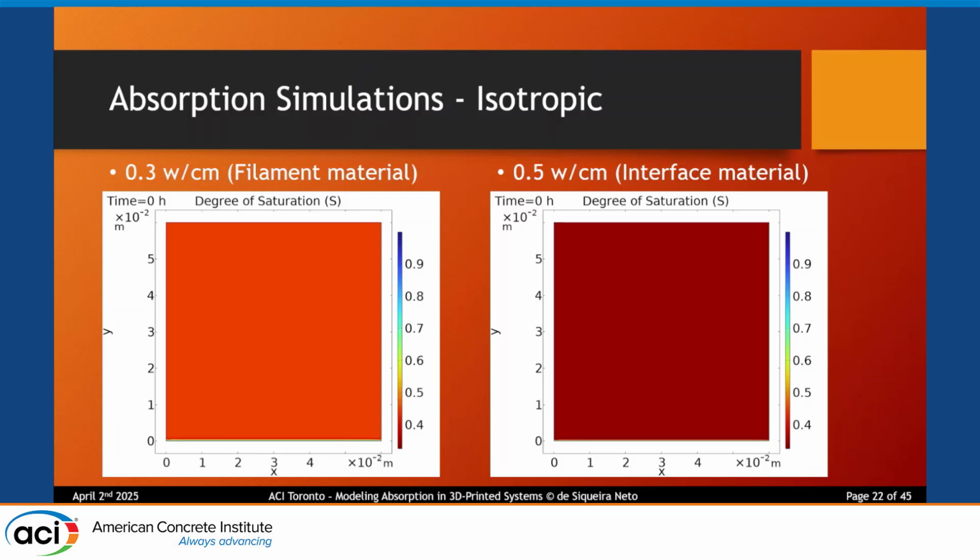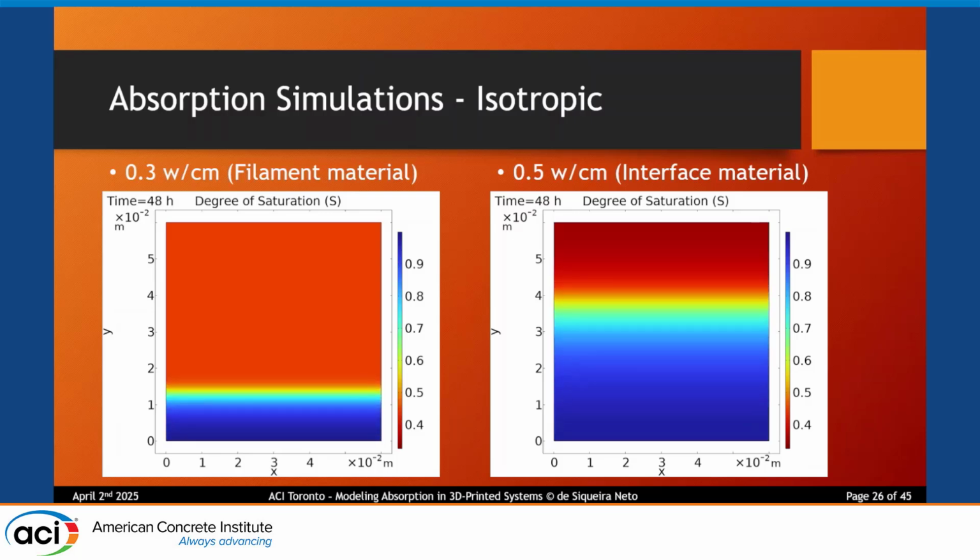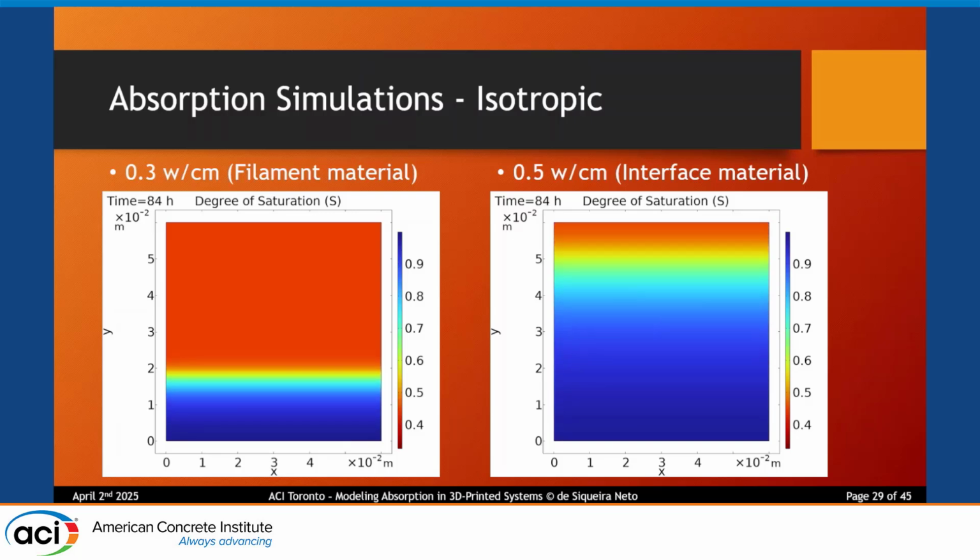So on the left, we have a system that only consists of the 0.3 mortar that we're using to represent the filament layers, and on the right, the 0.5 mortar that we're using to represent the interface layers. And similarly, as I click along, we can observe the progression of fluid absorption after 96 hours, and as expected, the material with a higher water-to-cement ratio is quite less resistant to fluid absorption.